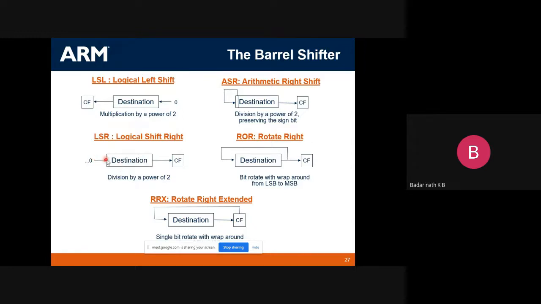Whatever vacant positions are created on the left side are filled with zeros. The bit which is shifted out from the right side is put into the carry flag. That is called logical shift right, LSR, and it is nothing but division by a power of 2.